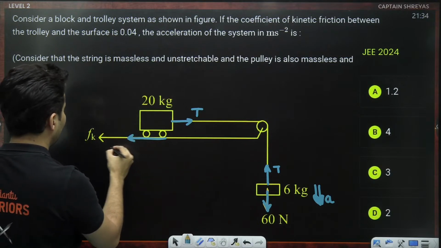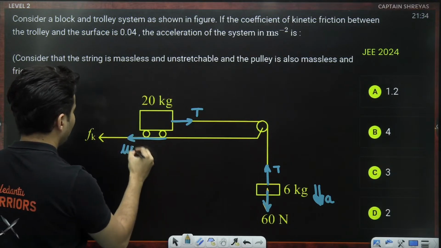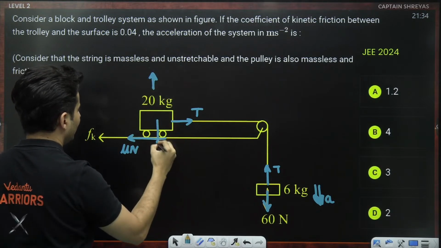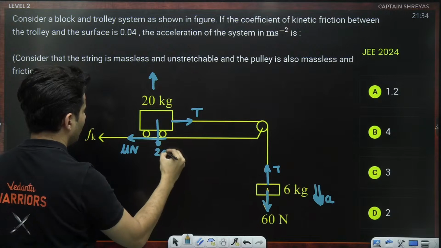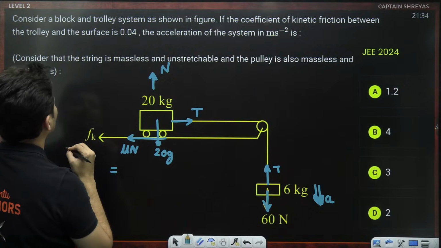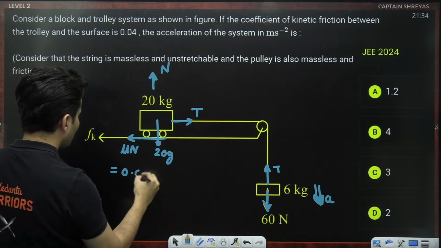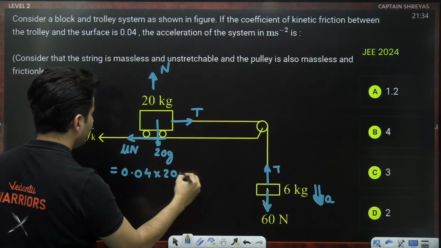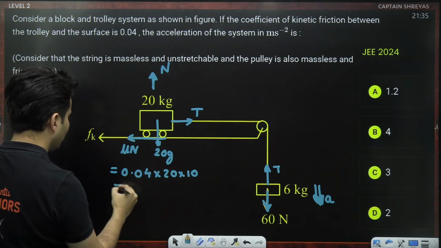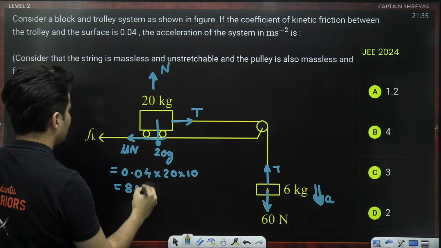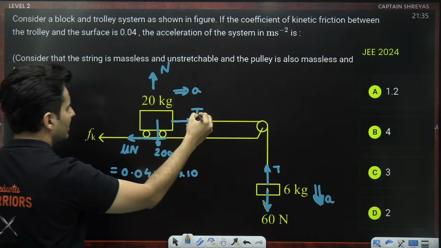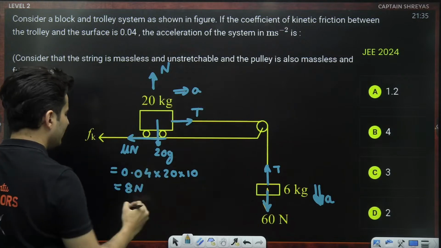It will have a value of mu into N, where N will be balancing just the weight of it. The weight of it is 20 g. So the normal force will be just balancing it. Mu is how much? 0.04. So 0.04 into 20 into g. g is basically 10. These two zeros will shift the decimal 2 times. 4 into 2 is basically 8. So 8 Newton. So for this block, which is going to accelerate this way, this tension will cause that acceleration.